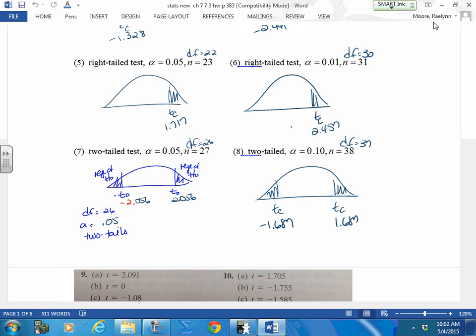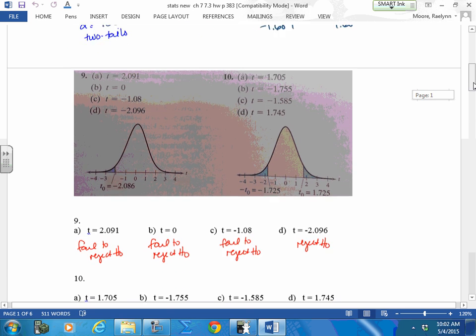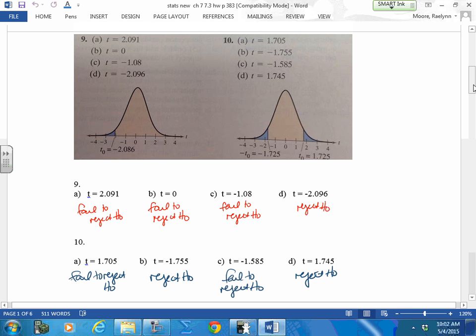You're going to label reject H0 and fail to reject H0. This is a decision that you make. You make this decision based on where your t test statistic falls. This is your critical value.